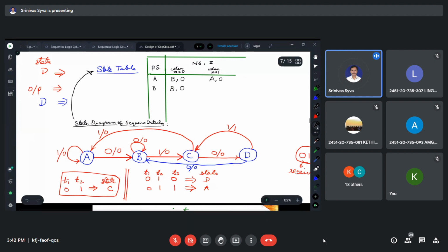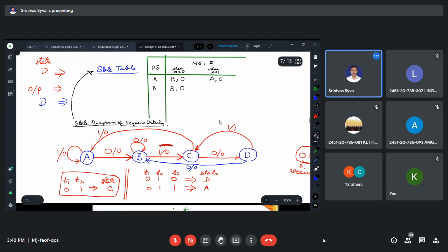Suppose we receive 1 when we are in the state B. This is the transition. The machine is making the transition from B to C. If we receive x as 1, the transition will be from B to C and the output will be 0 because the expected pattern has not been received.